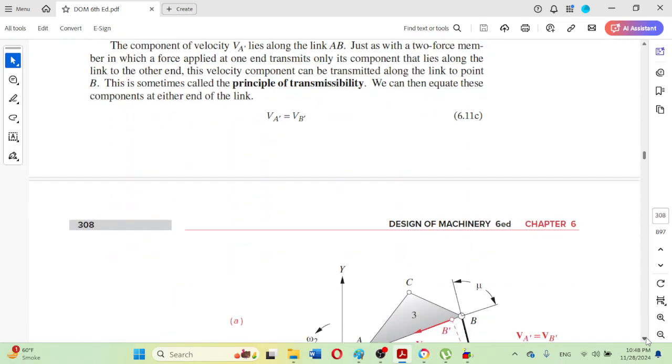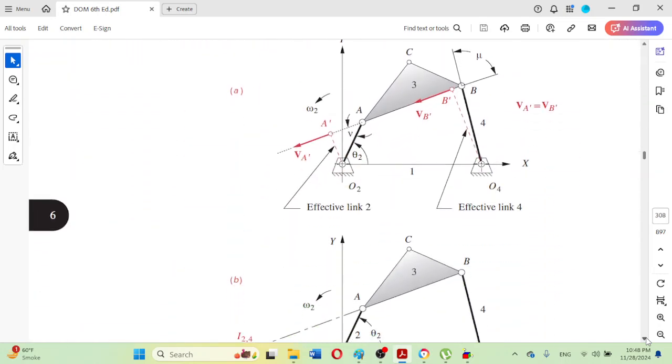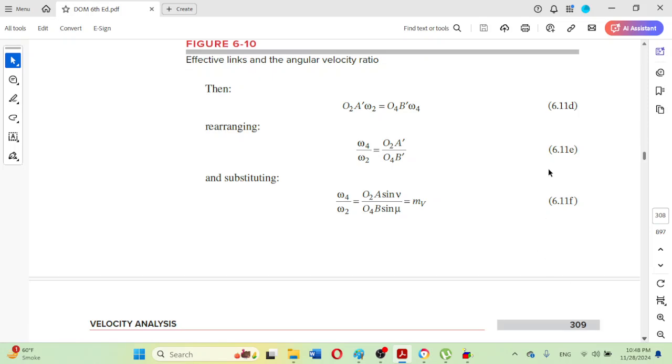The second method is given in equation 6.11e, that the same angular velocity ratio will be equal to the ratio of the effective links. As we can observe here, this links ratio is actually the reciprocal of the angular velocity ratio.